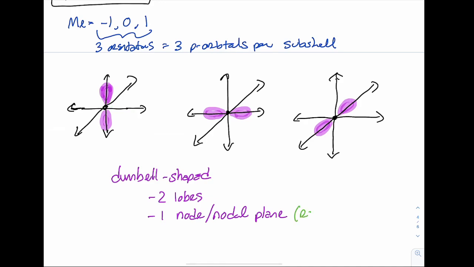This is the region with no electron density. It's our fancy way of saying the electrons are not going to be there. They are likely located in those 2 lobes. Again, it's probability. Generally, if you look at pictures online or in your textbook, it's going to draw those borders as fuzzy and not really well defined because it is a probability function, remember.